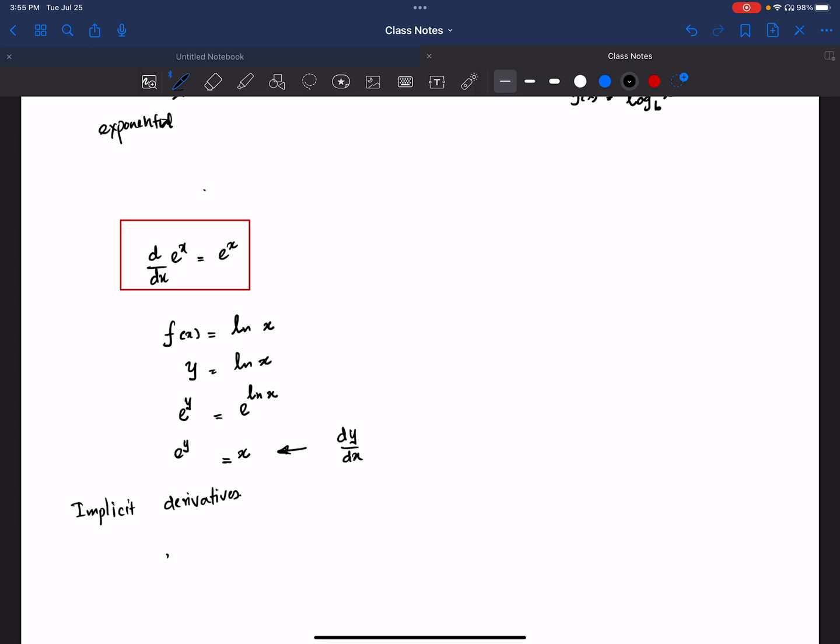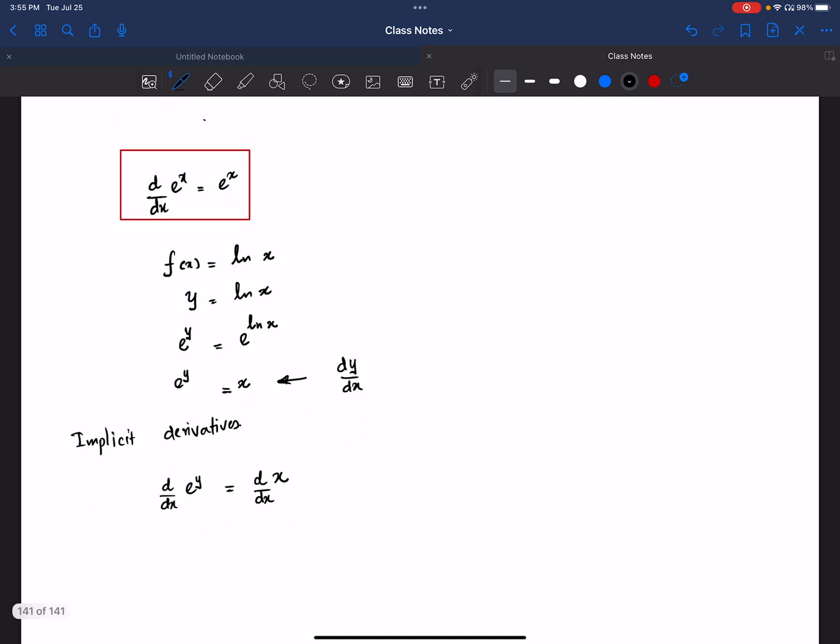So I'm going to take d over dx of both sides. When I do this, I can use the chain rule, d over dy of e to the power y times dy over dx, and d over dx of x is equal to 1.